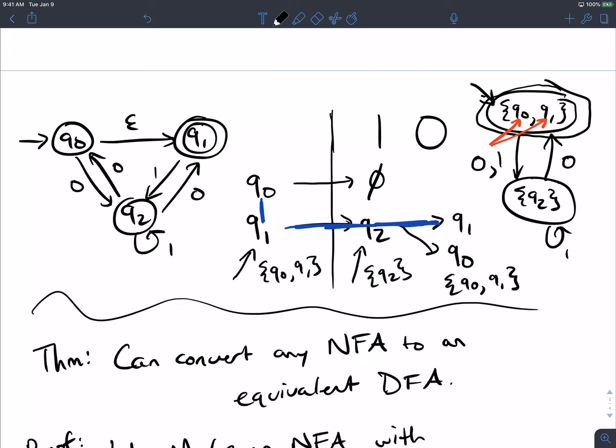So what we mean by this is we're trying to take a closure of something. We're trying to go as far as we possibly can, spread our wings as far as we can go, while doing some action, which in this case is only doing epsilon transitions. We don't want to actually read.